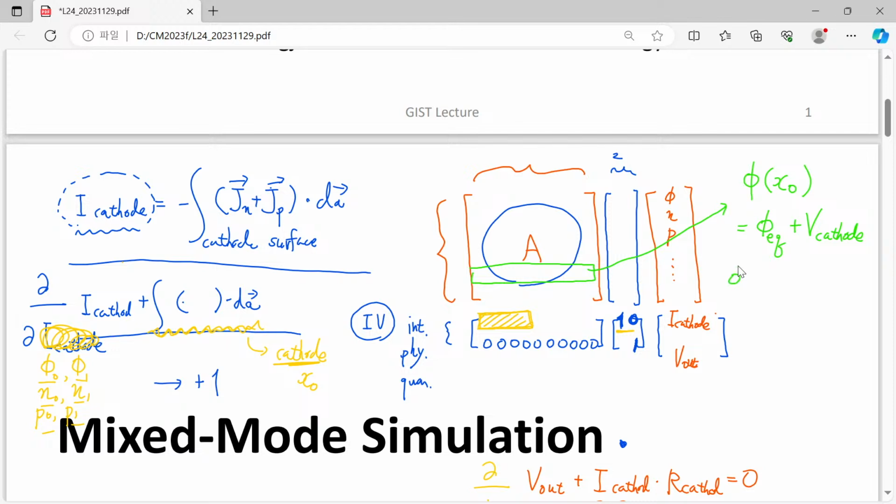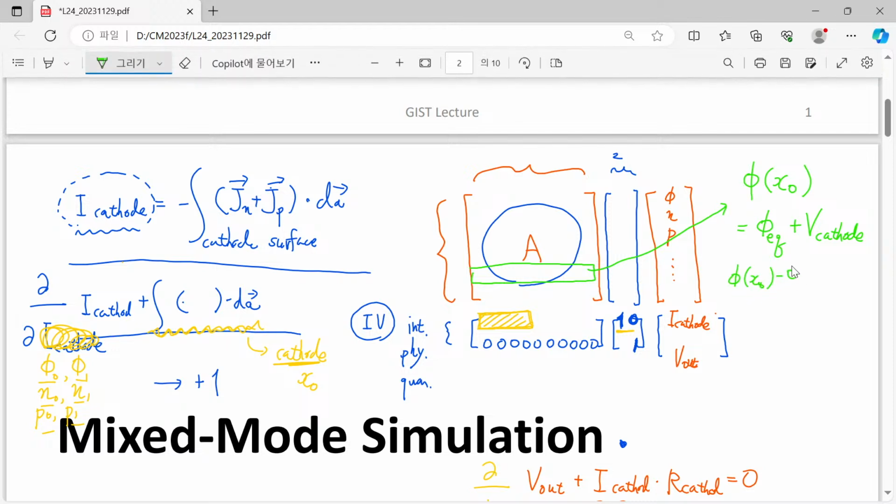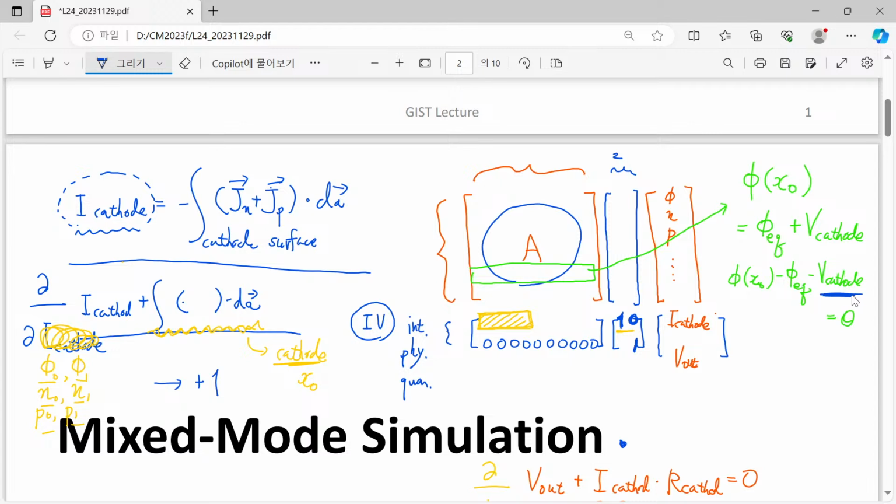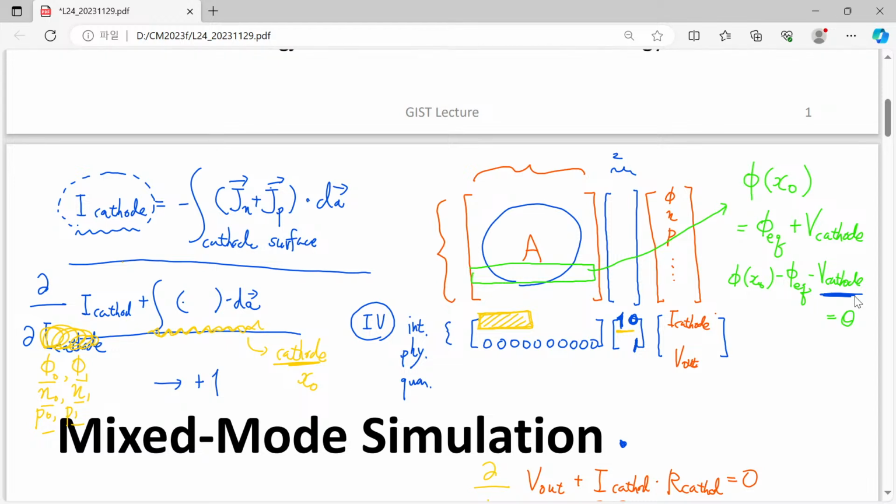So you load in that way x naught minus phi eq minus V cathode, that should be 0, and this is your residue function. But at that time your V cathode was not treated as an unknown variable. That was just a given number, actually 0. But now you realize that this V cathode is actually our out voltage.